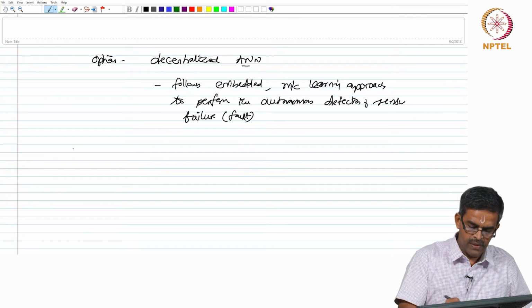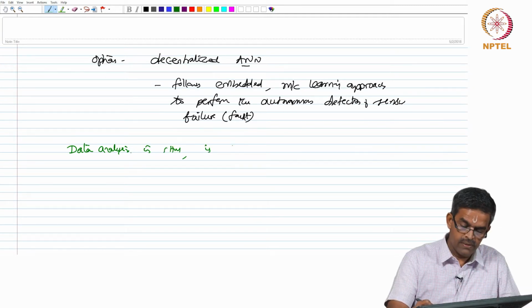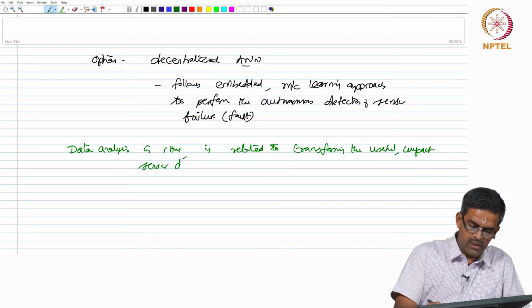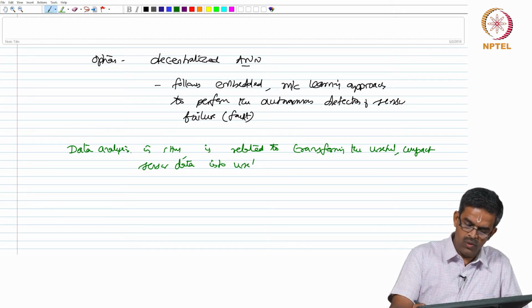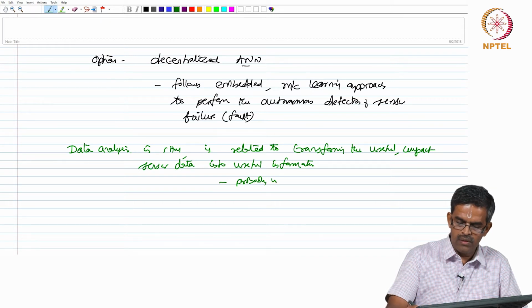Therefore, friends, data analysis in structural health monitoring is related to transforming the useful, compact sensor data into useful information, probably in the knowledge format.